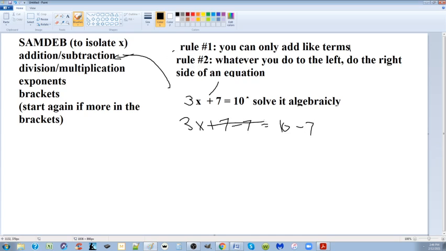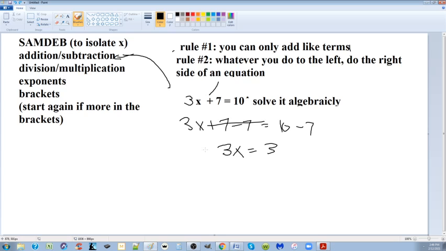These cancel out. I'm left with 3x is equal to 3, which is 10 minus 7. Okay, we've done all our addition and subtraction. What about the next step? Any division or multiplication? Yeah, this 3 right beside the x, I told you earlier, means 3 times the x. How do you get rid of something multiplying something? Well, you divide by that number.